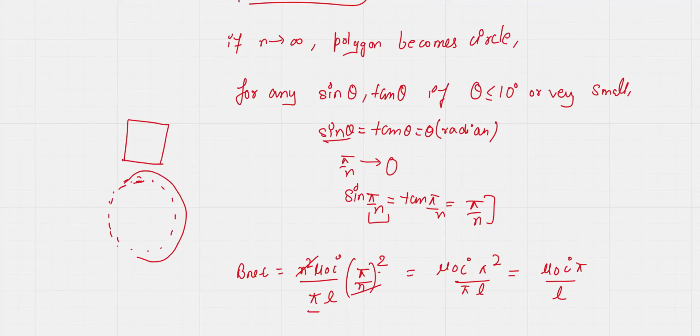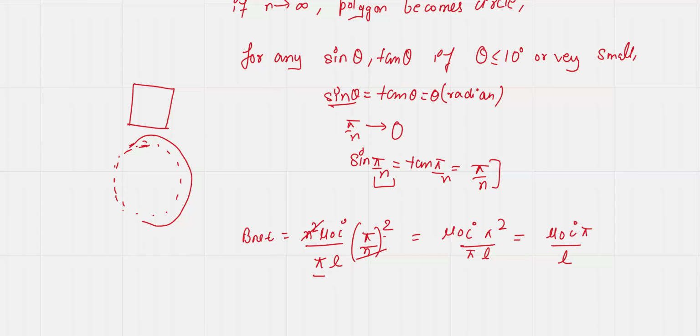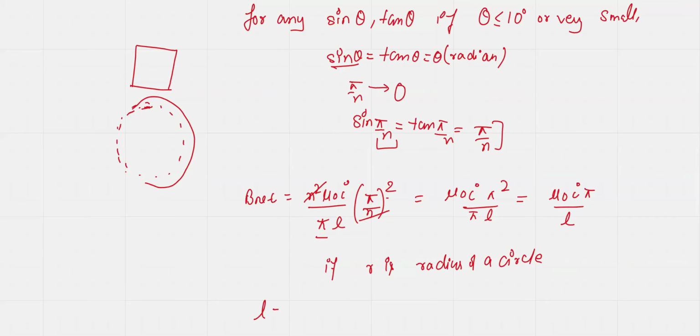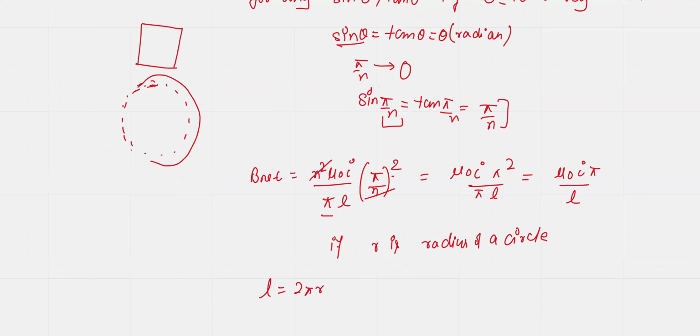So if R is the radius of a circle, then you can say that L is equal to 2 pi r, right? Then your B net becomes mu naught I by pi by 2 pi r. With pi cancelling, what is the formula you are getting? Mu naught I by 2r. Is it clear?